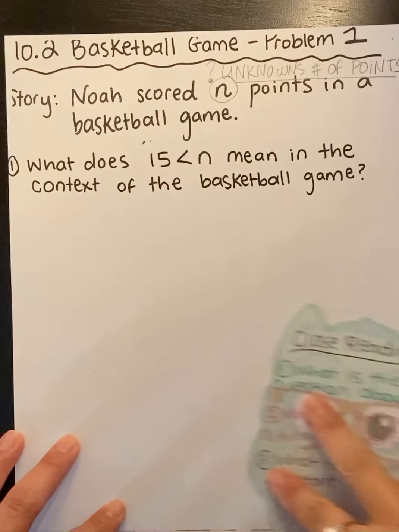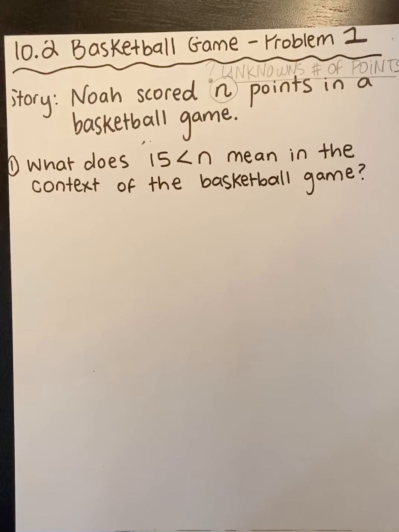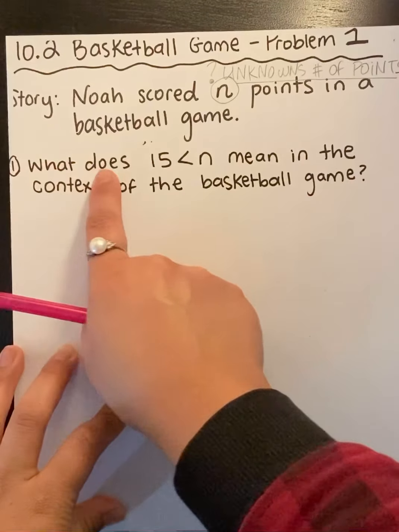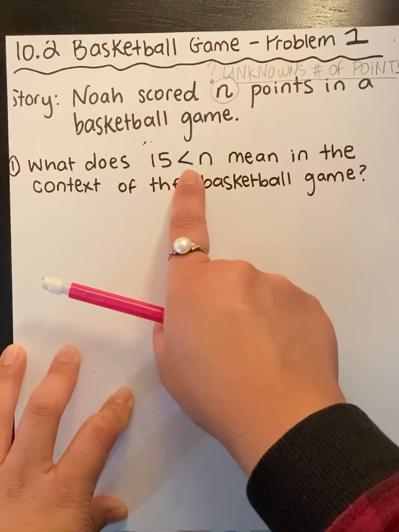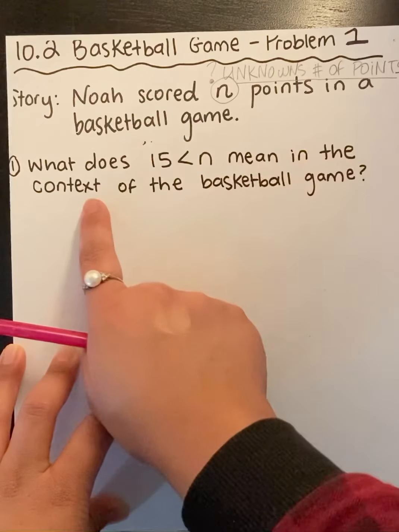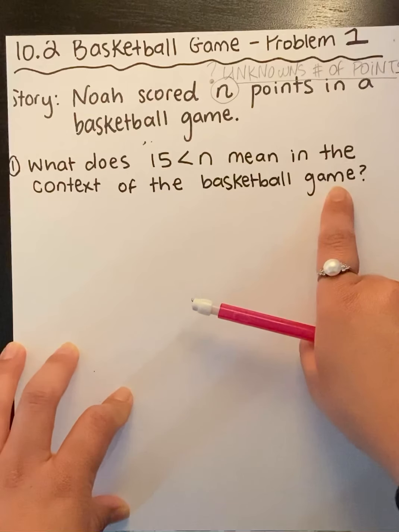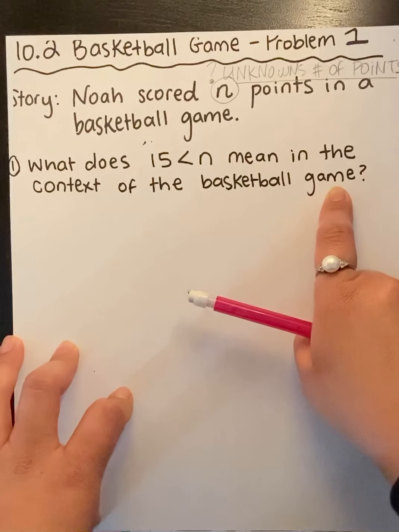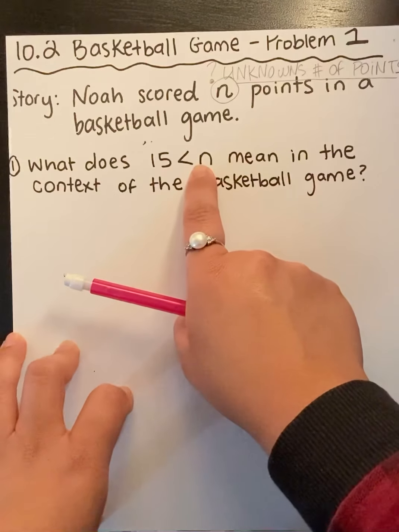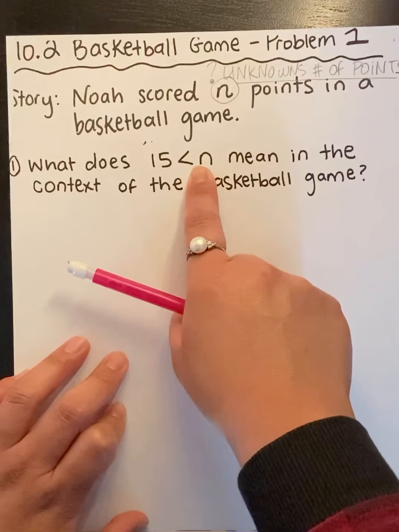Now I am ready to understand my question. What does 15 is less than N mean in the context of the basketball game? The first thing I can do is annotate the variable N because I know what it represents.